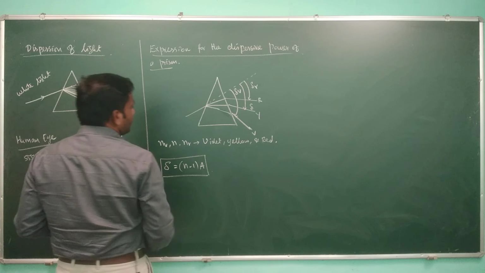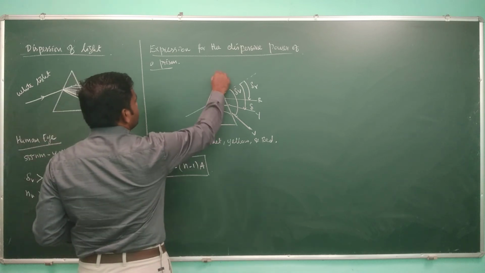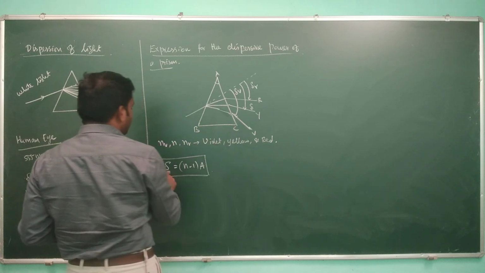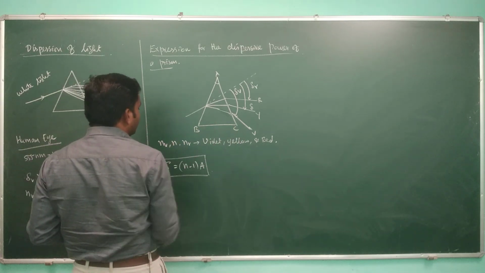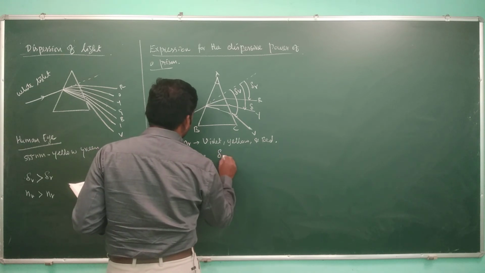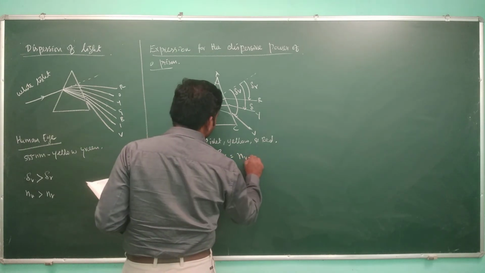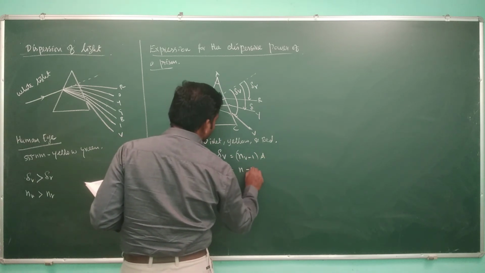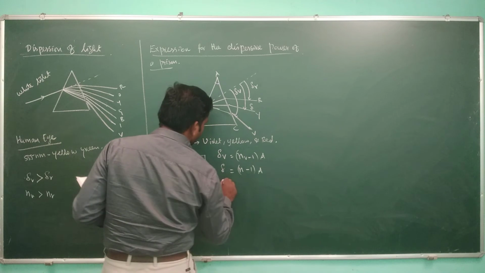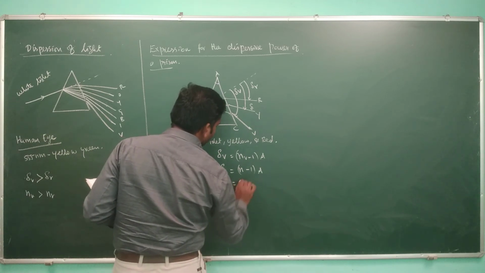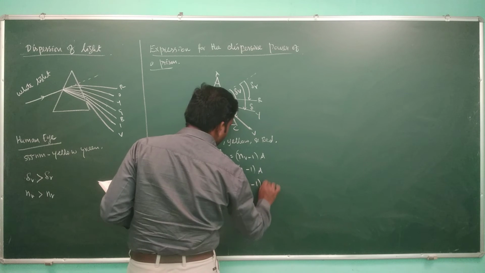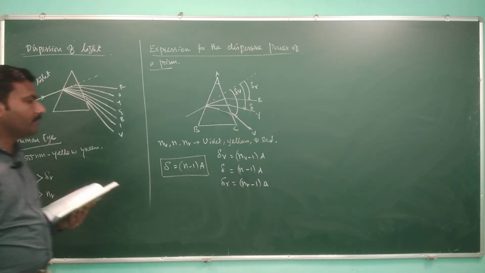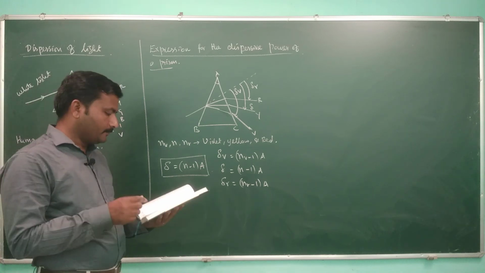Assume that here also the angle of the prism A is small. In that case, we can write the angles of deviation for violet, yellow and red as delta V equal to (NV minus 1) into A, delta equal to (N minus 1) into A, and delta R equal to (NR minus 1) into A, where delta V, delta and delta R correspond to the angles of deviation for violet, yellow and red light.